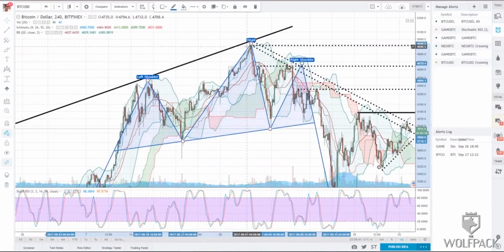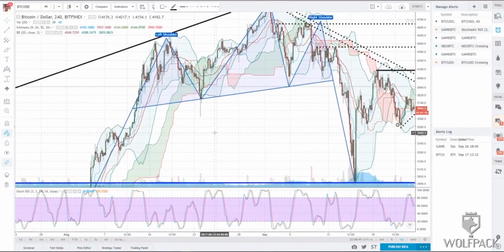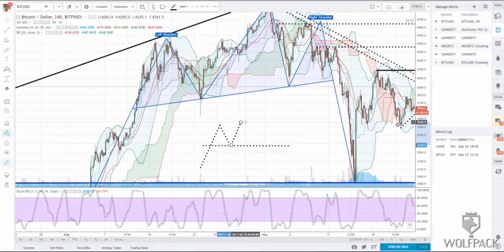And then the head is always higher than the shoulders, obviously. People will draw out some really, really ugly head and shoulders that are not head and shoulders. Like they'll do the neckline right here, and they'll draw out something like this. Like the head's barely above.